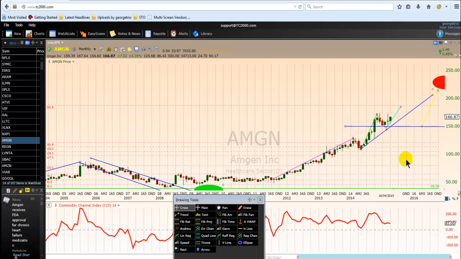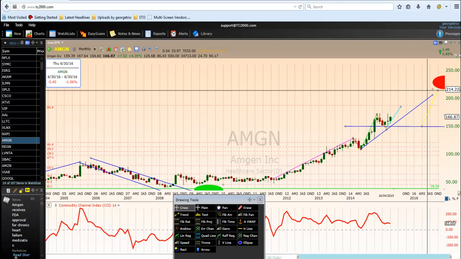So there are two things that can happen here. To avoid the third Elliott wave being the shortest wave, the fifth wave can be equal to the third wave, which will bring us here at $214.